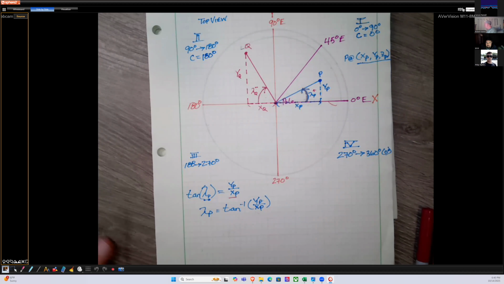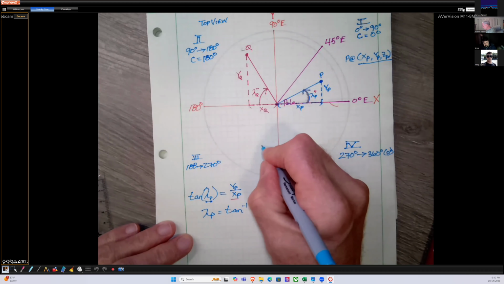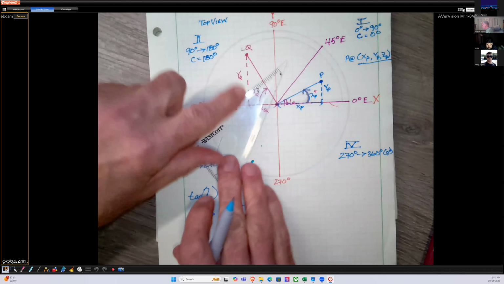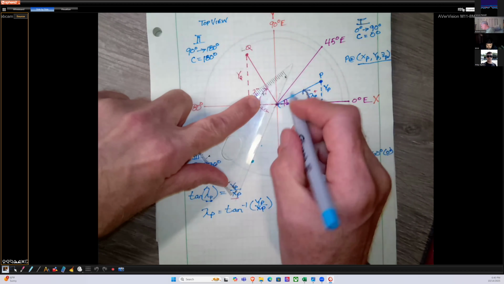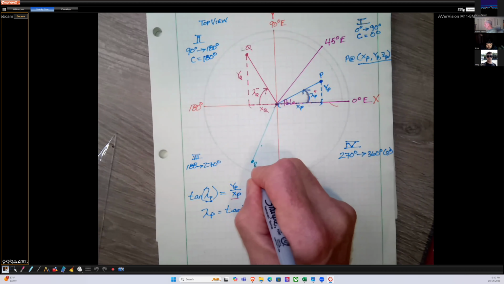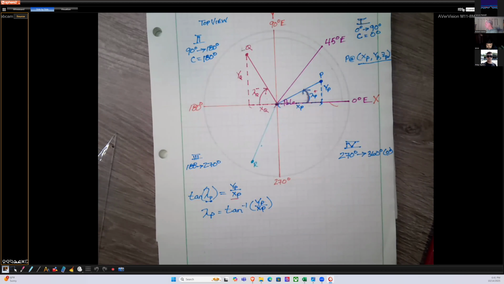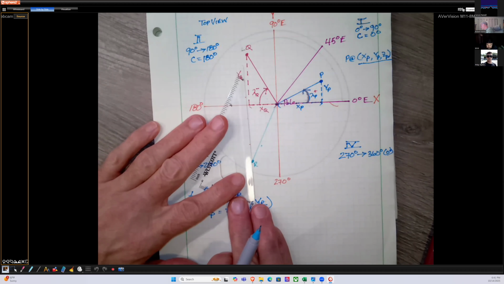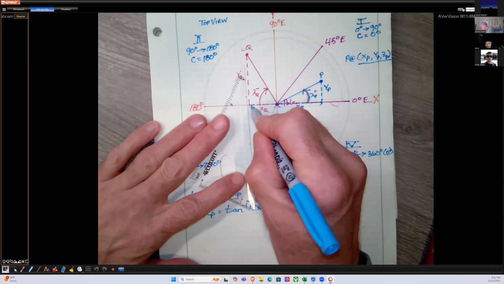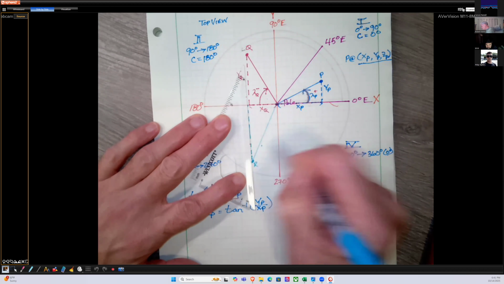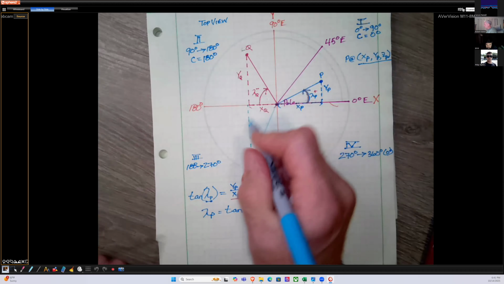And what if we had another one here? Let's say R. The arctangent function is super useful, but you really have to think about what you're getting. So here, what would this value be?